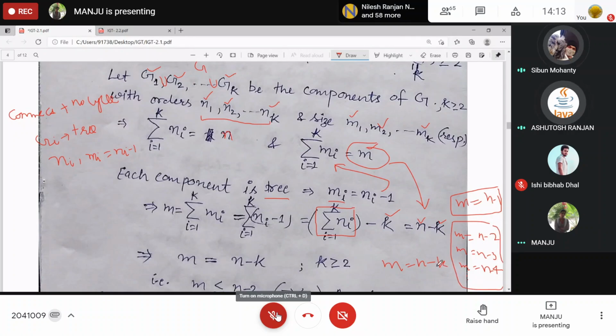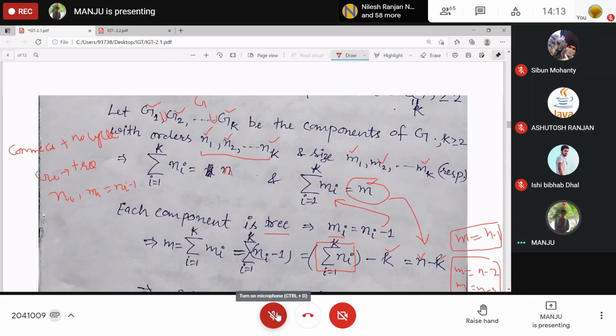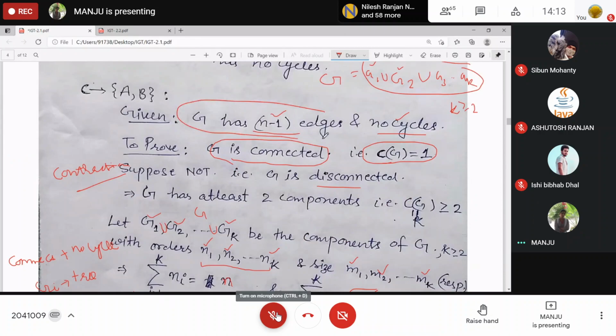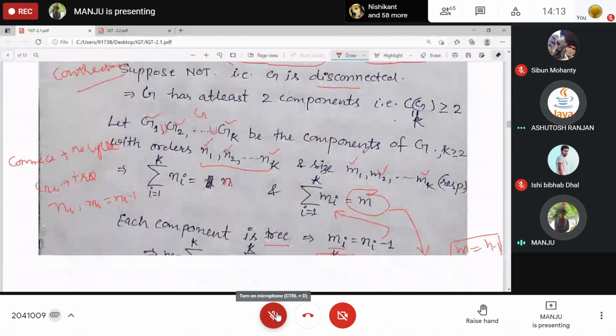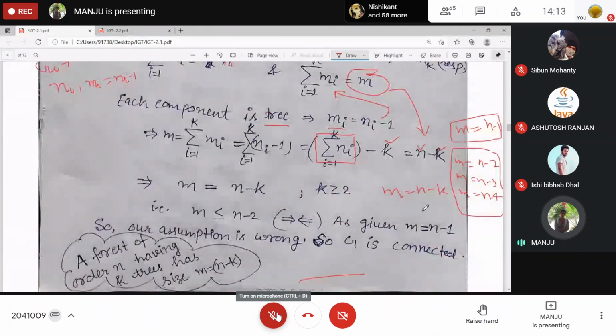But what is given? It has size n minus 1, right? So this is not possible. So what did we conclude here? m is at most n minus 2, and it keeps decreasing: n minus 3, n minus 4. So at most it can be n minus 2. So it can never be n minus 1.